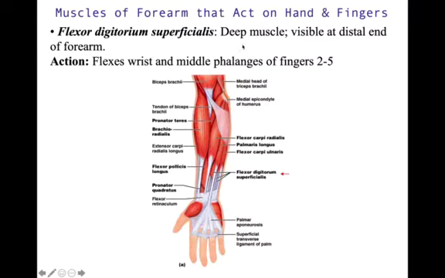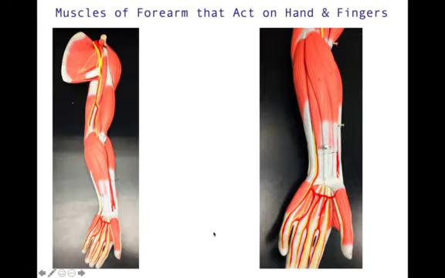So before I show it to you, this deep muscle flexes the wrist and the middle phalanges, so fingers 2 through 5. It doesn't do anything with the thumb. It flexes these four fingers right here. So it's going to be in this region right here. If I blow this region up, you can see it's not this muscle here.